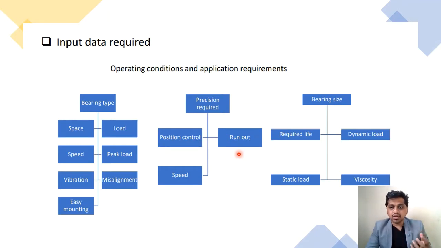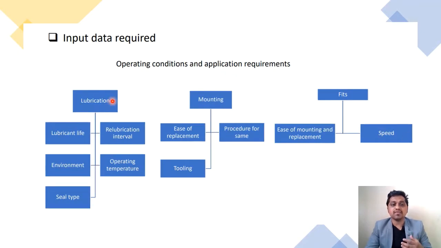Then bearing size, on which your dynamic load, static load, and life depend. Then again we have lubrication, mounting, and fits. All in all we have to consider all these parameters.